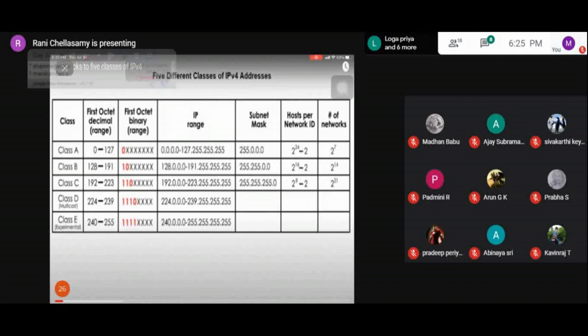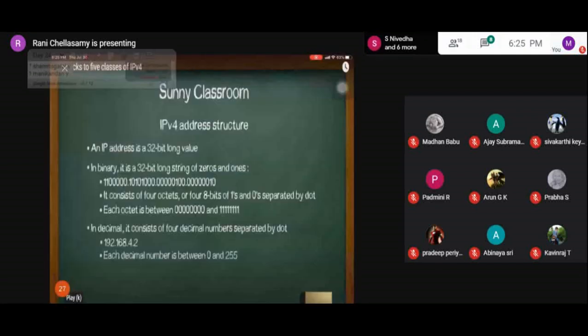An IPv4 address is 32 bits long. If you represent it in binary format, it is zeros and ones. Each of the 4 bytes has 8 bits, so in total you have 32 bits of zeros and ones.